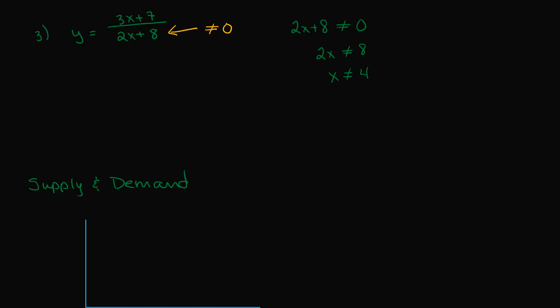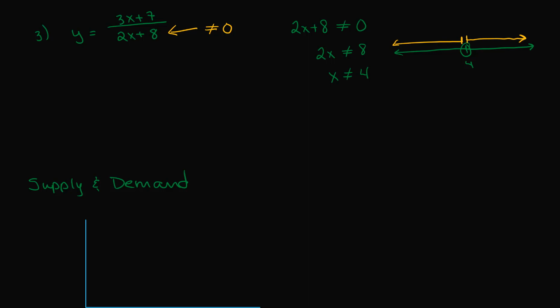If you draw this on a number line, and here's 4, 4 is the only number we're not allowed to include. So that means we can include everything to the left of 4, and we include everything to the right of 4.